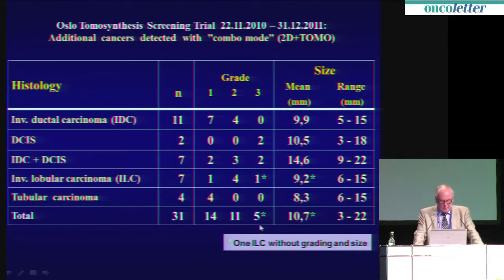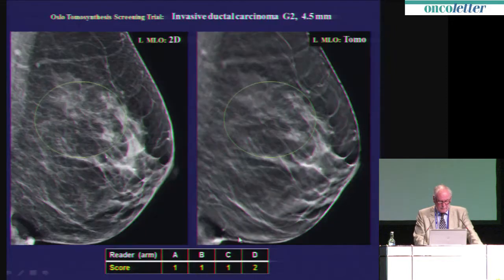And we can see the mean size of the additional cancers was 10.7 millimeter. There was a huge range, and you can see that about 50% were low-grade cancers, 14 versus 16 high-grade, also grade 2 and grade 3.